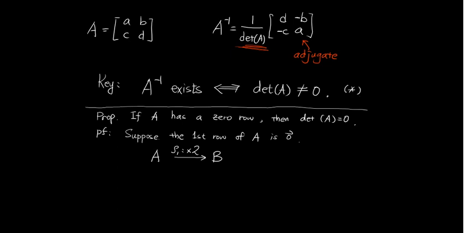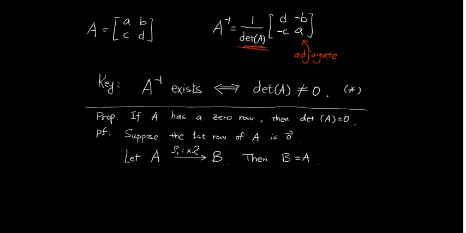It looks stupid because it is a 0 row, so if you multiply the 0 row by 2, then A and B are the same. Basically, this does nothing, but the reason we do this is that then we can apply the rule that we learned previously.